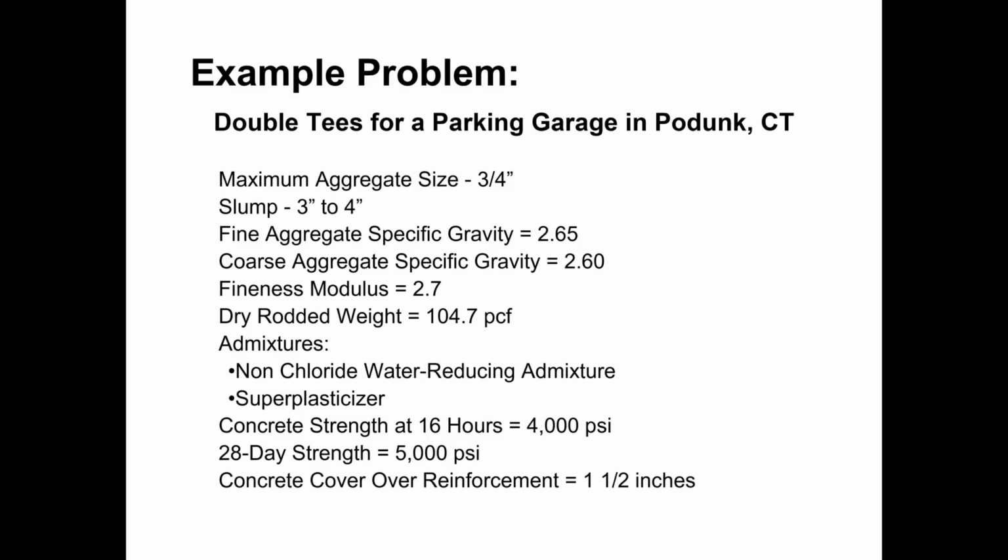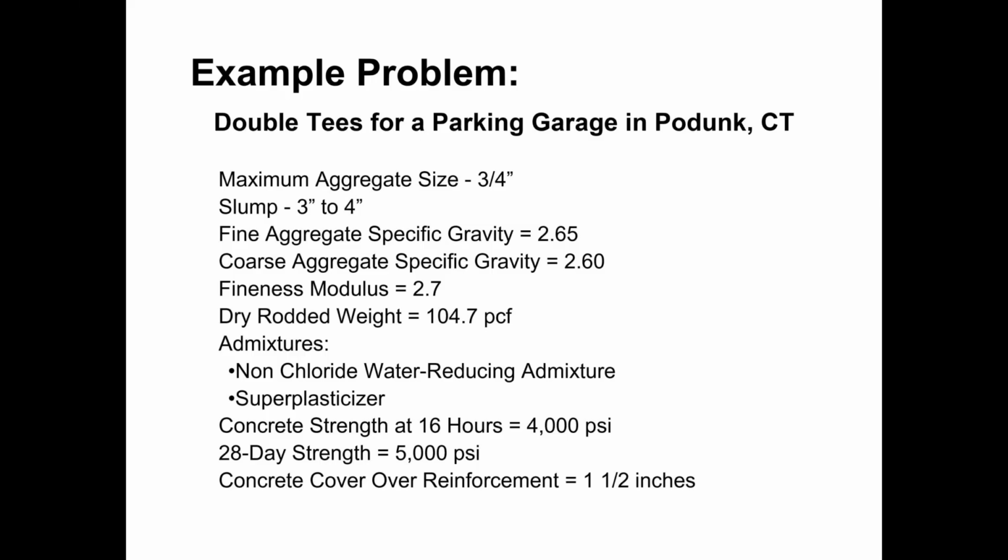In this mix design, we have double T's for a parking garage in Podunk, Connecticut. So this mix design is being developed for an application of double T's in a parking garage. The coarse aggregate that we're going to be using has a maximum aggregate size of 3/4 inch.